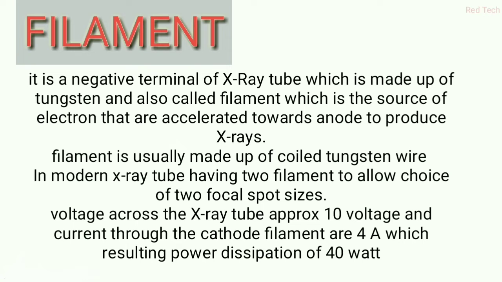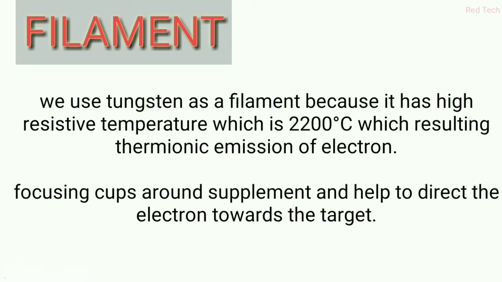This makes the life of the X-ray tube longer than usual. And if we apply a voltage of around 10 volts across the filament, and the current through the cathode filament is 4 amperes, then we produce power dissipation of around 40 watts.